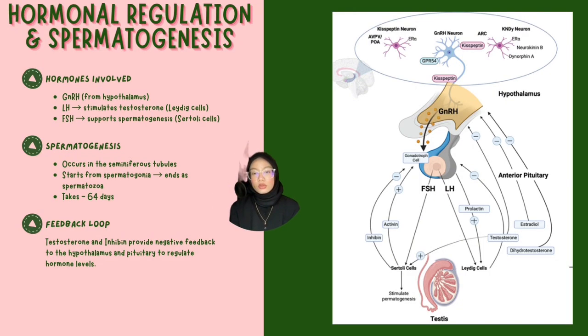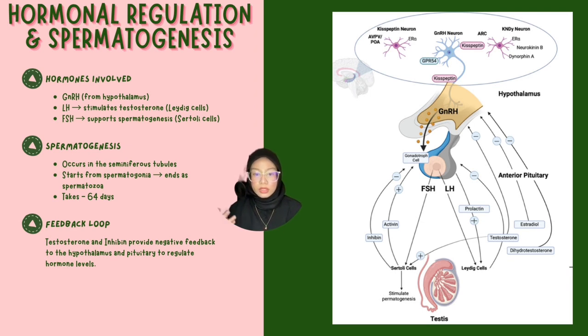Now we will look into the regulation of the male reproductive system by hormones, as well as the process of sperm production known as spermatogenesis. The initiation of the process occurs in the brain, particularly within the hypothalamus.